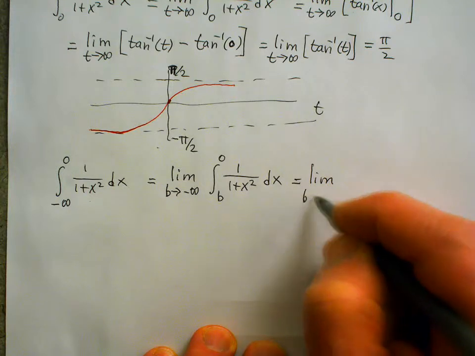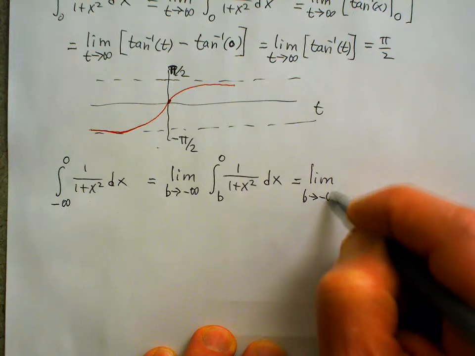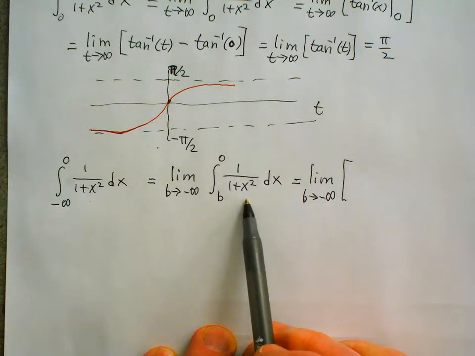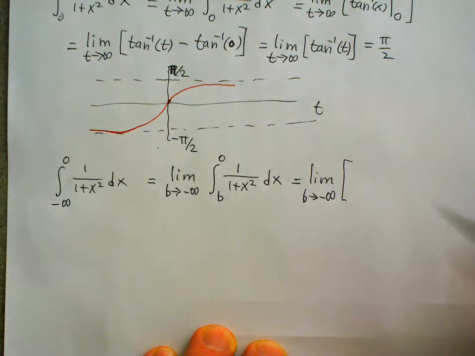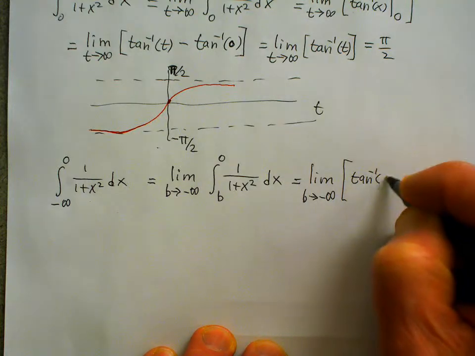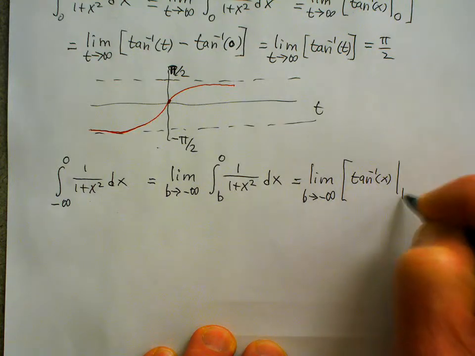So the limit as b goes to negative infinity, and an antiderivative of 1 over 1 plus x squared is inverse tangent of x from b to 0.